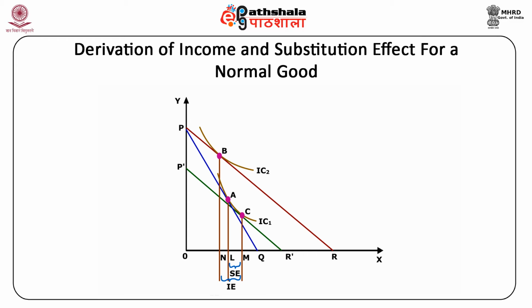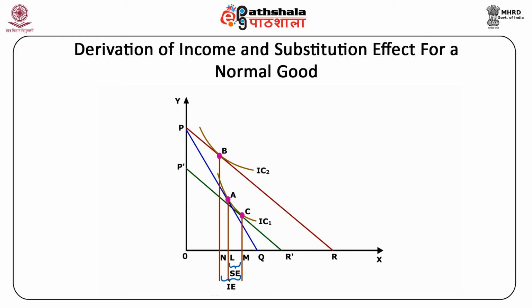To isolate the substitution effect, the individual's money income should be reduced sufficiently so as to keep him on the initial indifference curve IC1. To show this, an imaginary budget line P'R' is drawn that is parallel to the budget line PR and lies below, as it represents a reduction in income such that it touches the original indifference curve IC1.